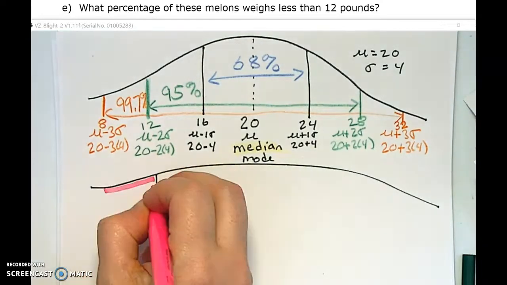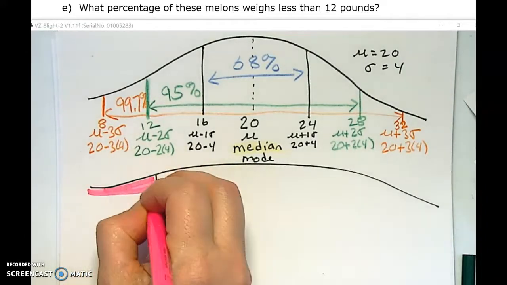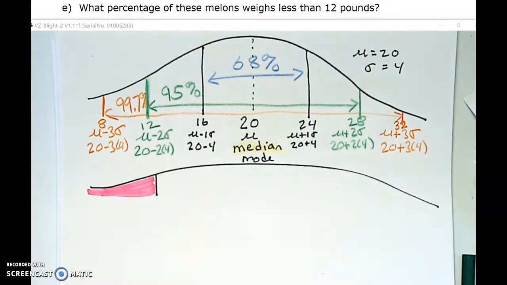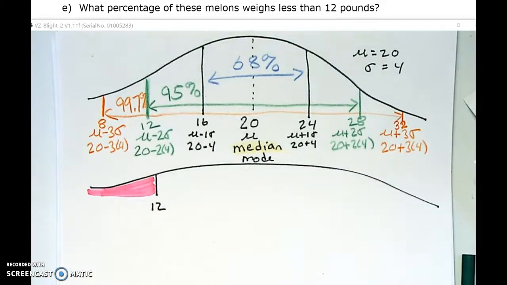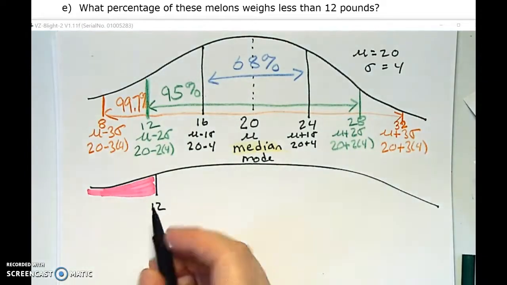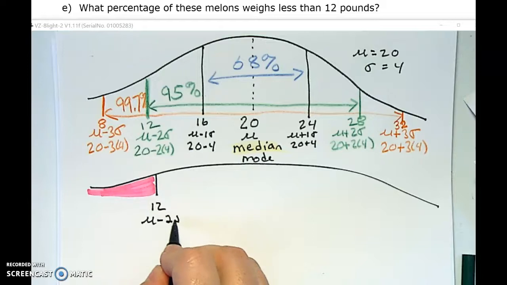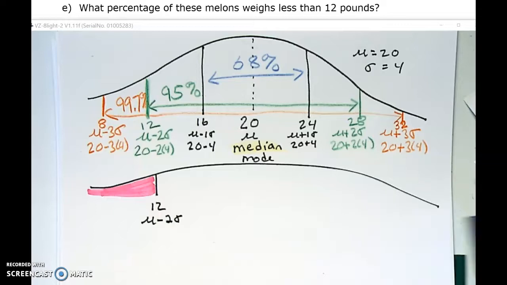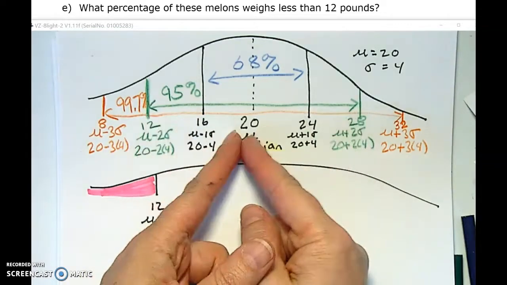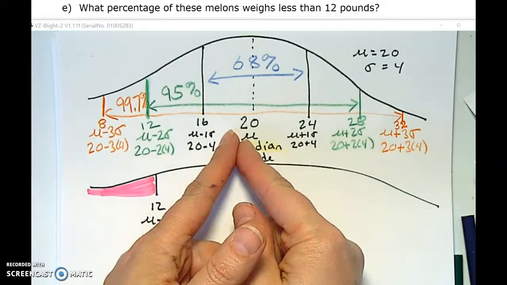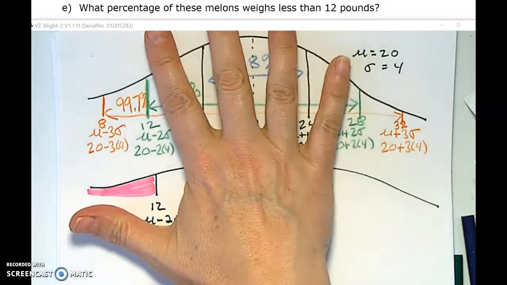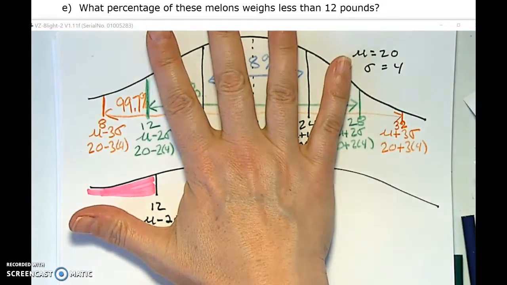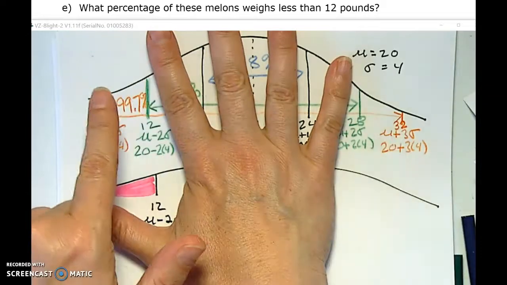Okay, there's a couple different ways to deal with finding this area. So less than 12 pounds, I want you to get a picture of kind of what it is. It's going to be a small number, and the 12 pounds was the mu minus 2 standard deviations. So a couple things that we do know is we know that 95% of all pumpkins weigh between 12 and 28. So if we get rid of those guys, the 95%, we have these two tails.